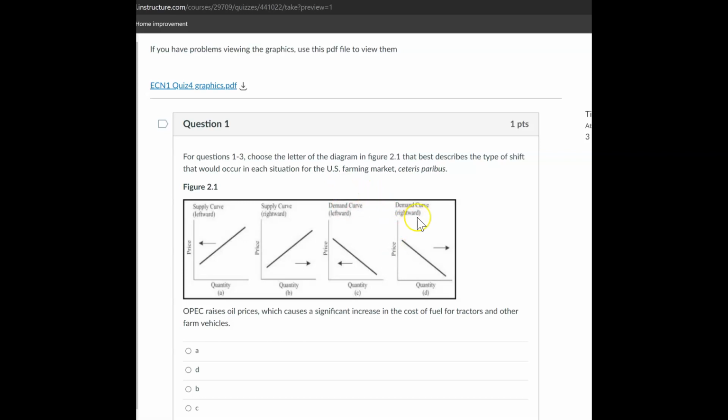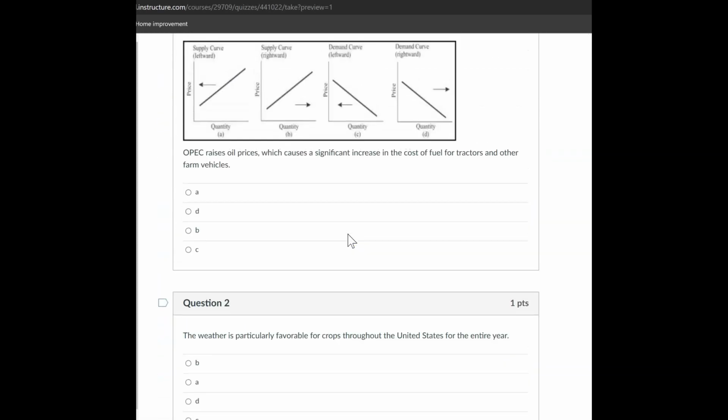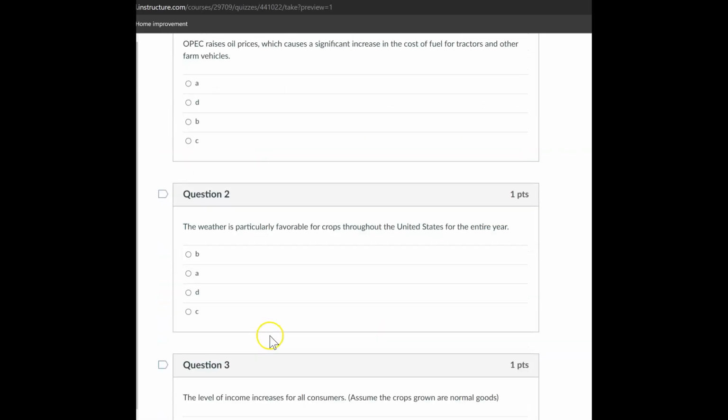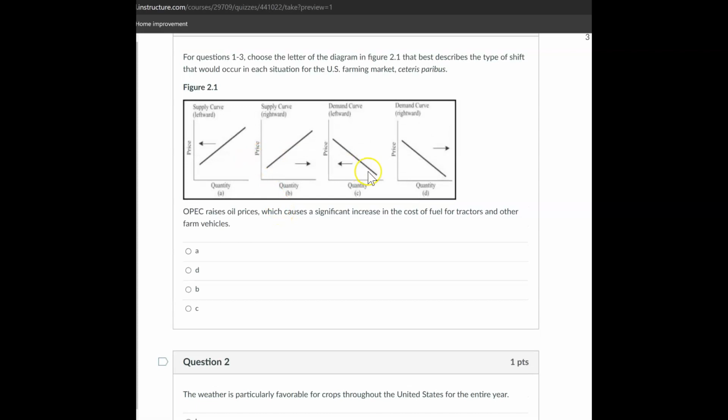So once you have that established, I'm going to give you 3 different scenarios in questions 1, 2, and 3 that are going to describe a situation where one of these curves will shift. You have to decide, is it going to be graph A, B, C, or D that is described in the question. For example, in this case, OPEC.